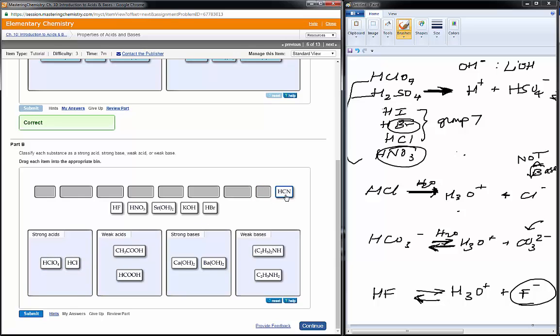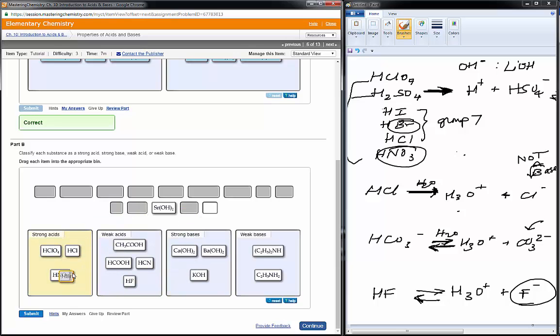HCl is on the list of strong acids. HCN is not on our list of strong acids, but it would still be an acid because it can donate the hydrogen and you'd be left with a cyanide polyatomic ion. Same story here, not on our list of strong acids, but it could be a weak one.